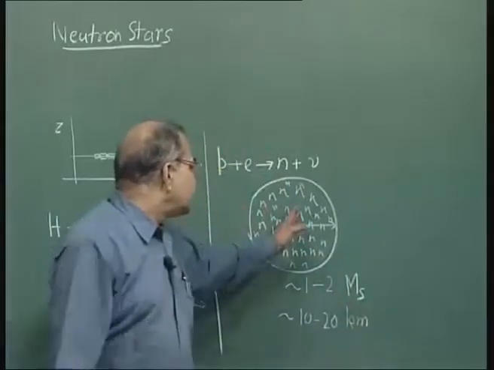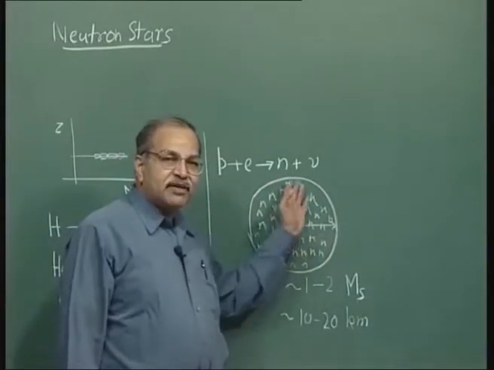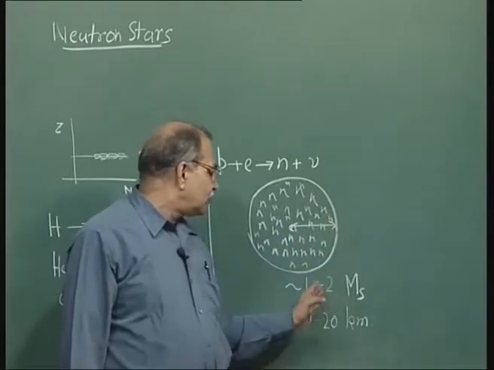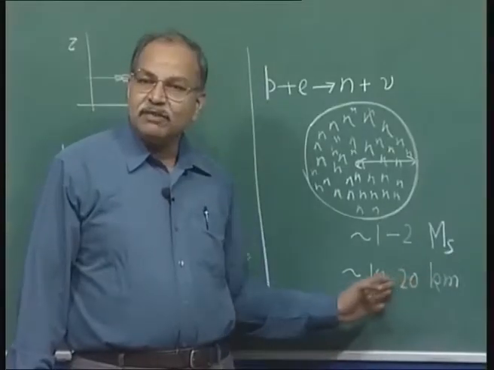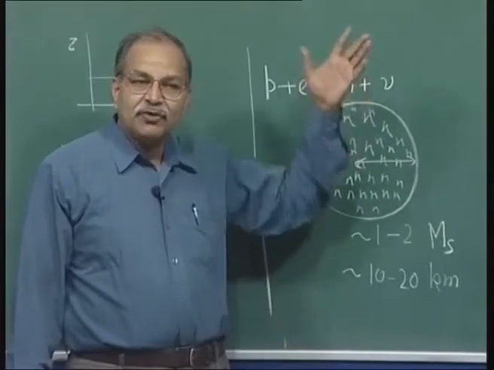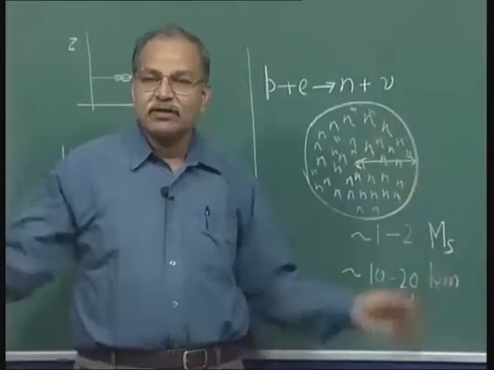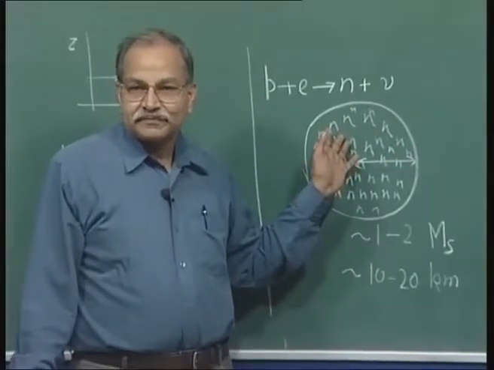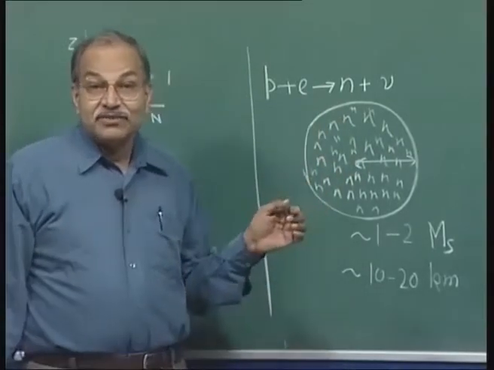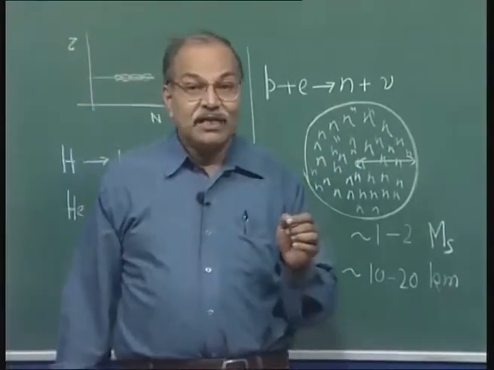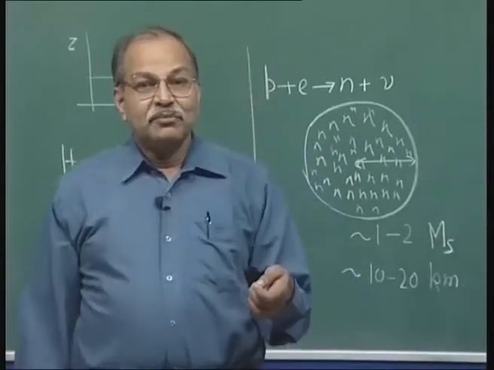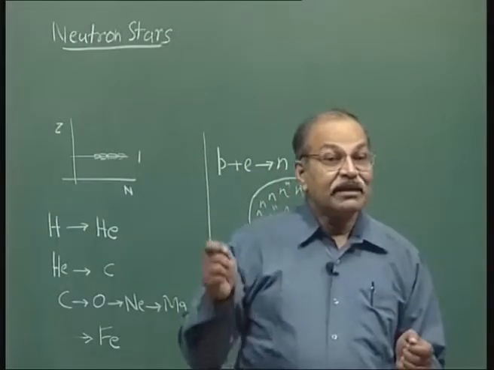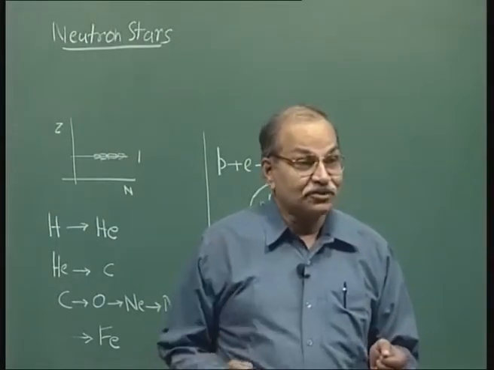These many neutrons, some 10 to the power 55, 56 neutrons, are packed into a volume of a few kilometers, whereas the sun is thousands of times bigger in size. That is because of gravitation. So, gravitation is playing a big role, and when we consider binding energy, we have to consider gravitational potential energy also.